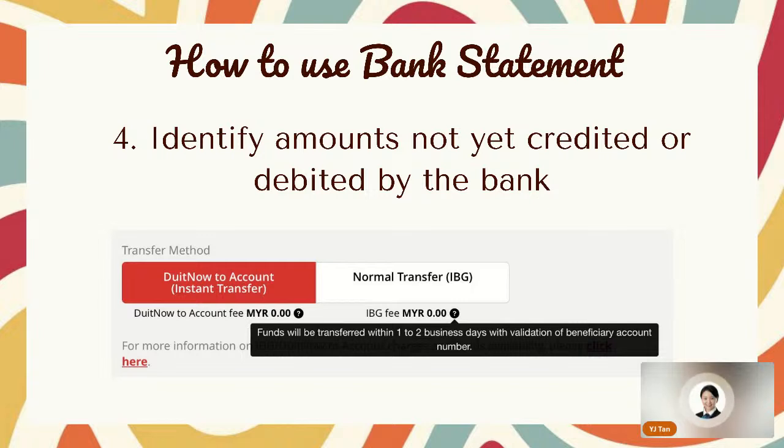In other words, when your customer makes the online normal transfer IBG to you, the bank has already deducted the money from their account, but the money will not appear in your bank account immediately. It's unlike DuitNow, which is instant, but for IBG it's not. So sometimes maybe we don't see it and then we forget. That's why we need the bank statement to confirm I received it.